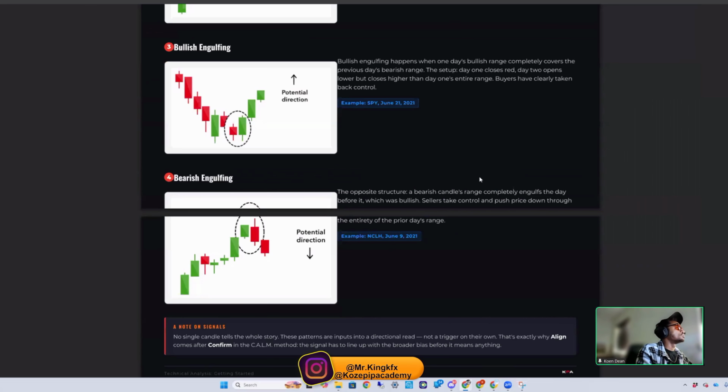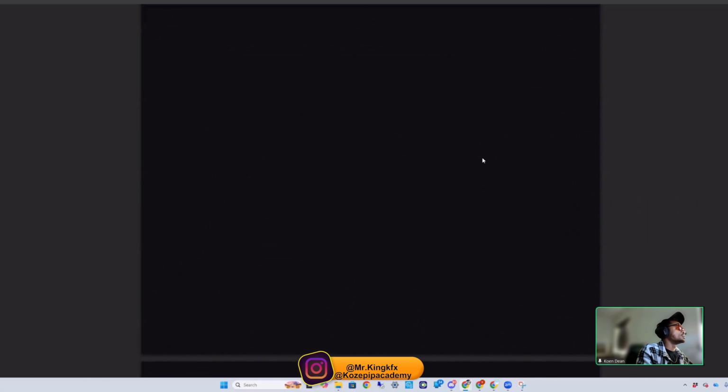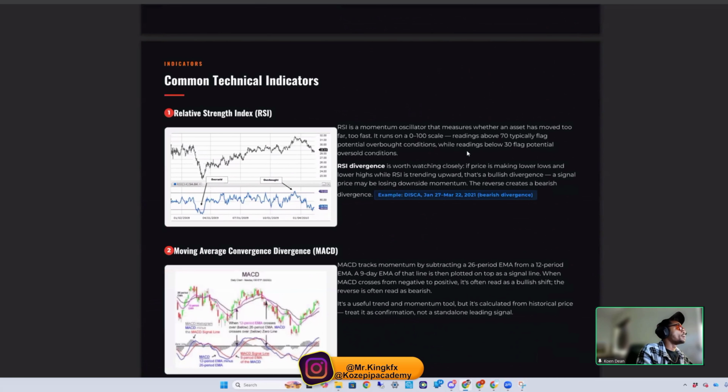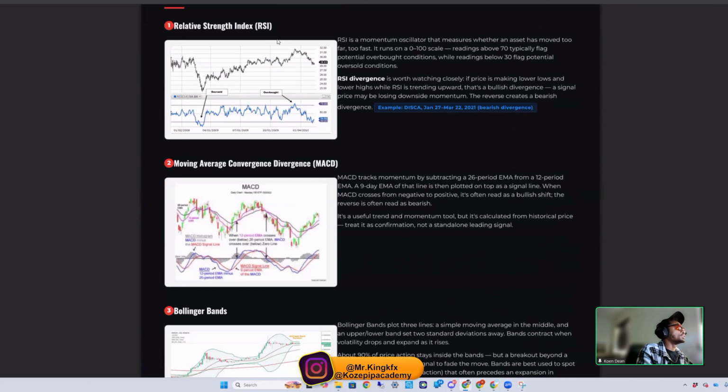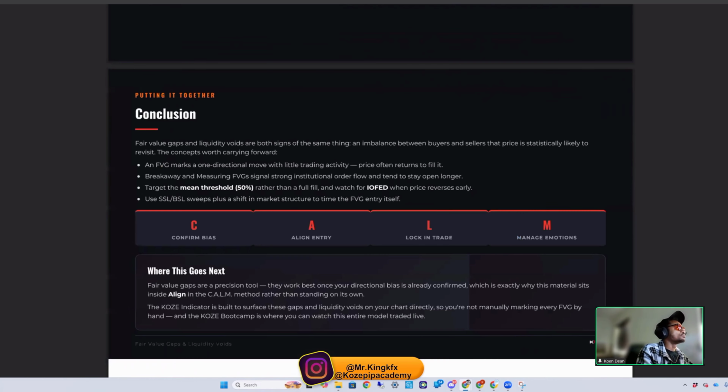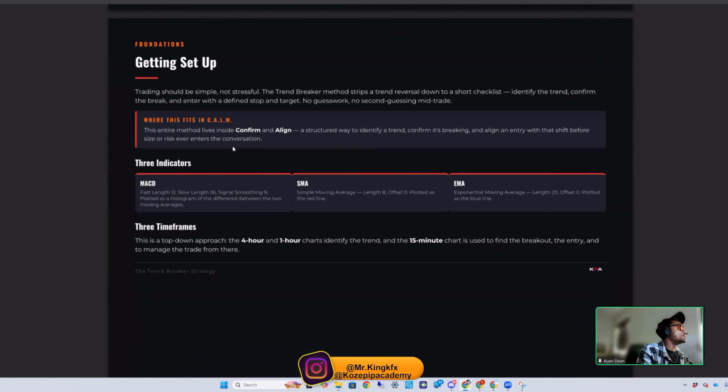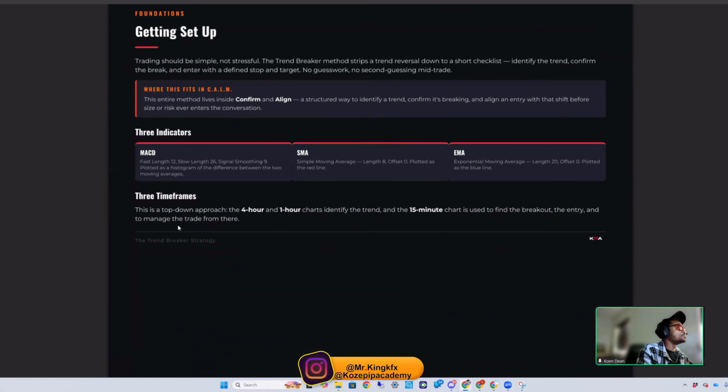Now, in our technical analysis yesterday, I did have our MACD and relative strength index, our RSI, here for you guys to be able to read through. So if you don't know or don't understand these indicators, definitely give this a good read. But we're going to be going over how to use them and how to use these tools with Koze as well.